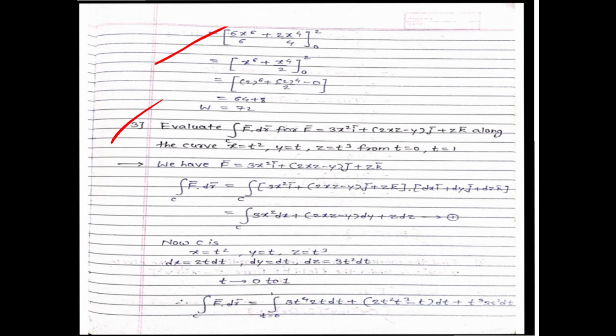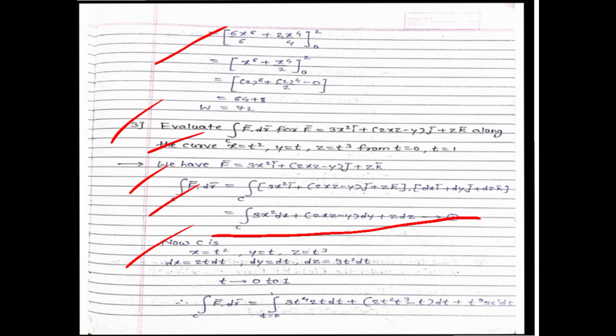Now the next problem is to evaluate integration of F bar dot dr bar over c for the given F bar, along the curve x equals t square, y is equal to t, z equals t cube, from t is equal to 0 to t is equal to 1. So here the curve is given in terms of a time variable. So first of all we will write the given F bar, then take the dot product of F bar and dr bar, and name that equation number 1.